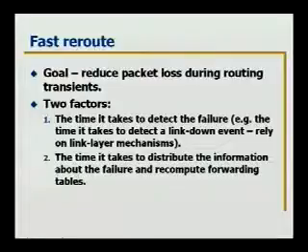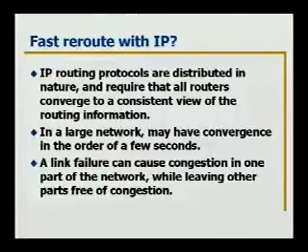And there are two factors at play here. First is the time to detect the failure, and it's going to be the time it takes to detect a link down event, or the time it takes to detect a node failure event. And second is the time that it takes to distribute the information about the failure and recompute forwarding tables. The problem with IP routing protocols is that they are distributed in nature.